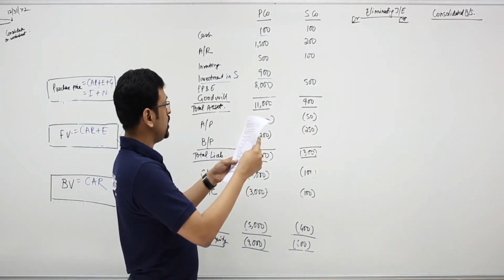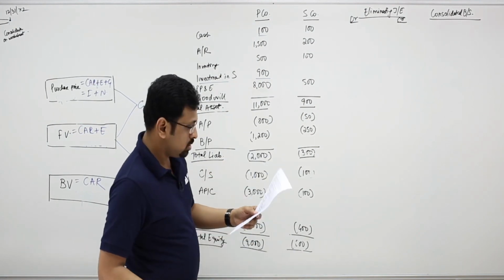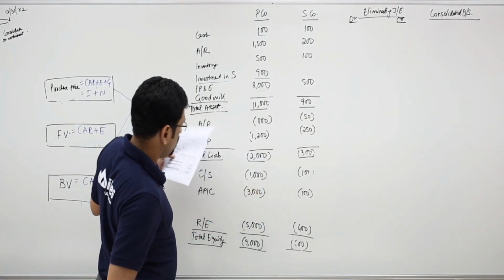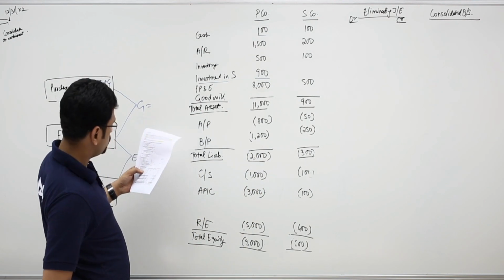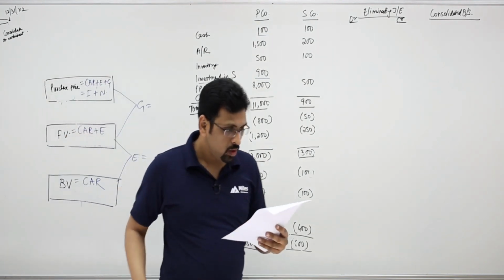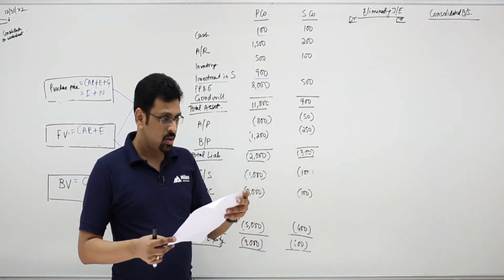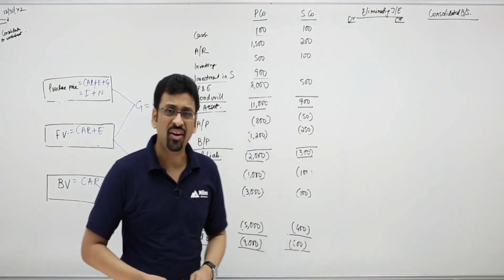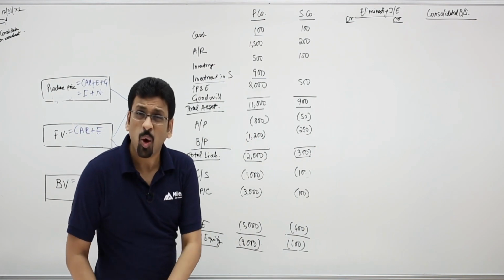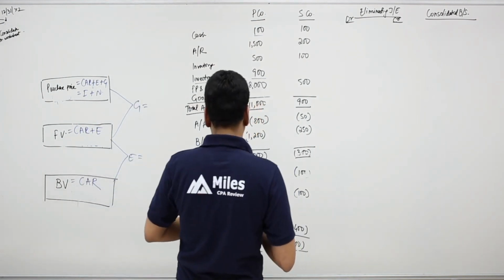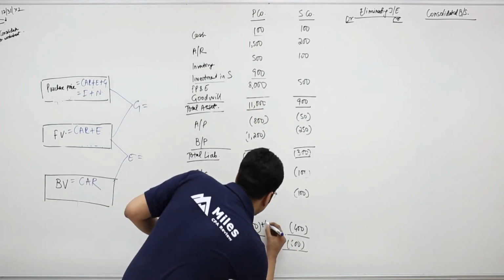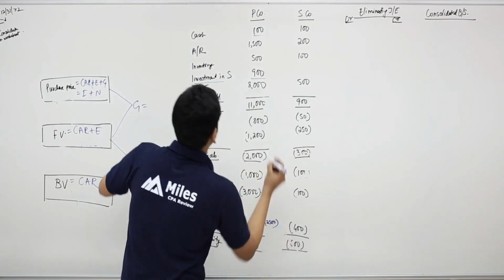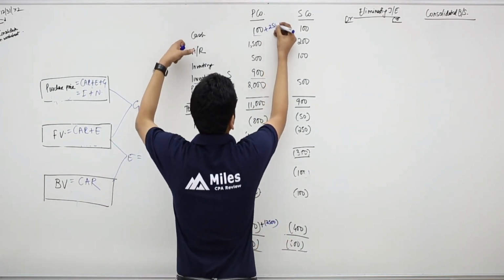Now there's a little bit of change here. This looks good, yeah. Now, what they're saying is the parent had income during the year for $2,500. Now, let's assume all that income was earned in cash. So, retained earnings would have increased by $2,500 and cash would increase by $2,500.